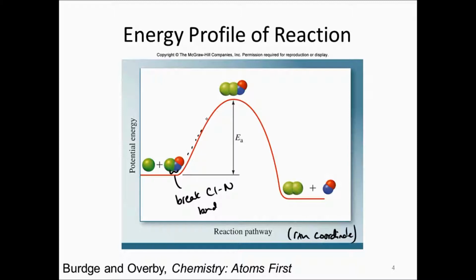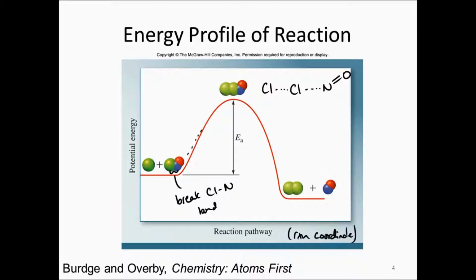As this goes on, first it costs energy because you're trying to shove it into a very uncomfortable position. And now here you have a half-formed Cl-Cl bond, and you have a half-broken Cl-N bond.